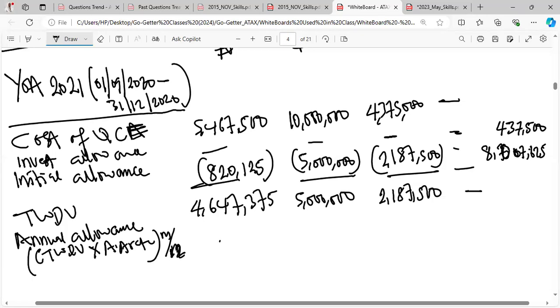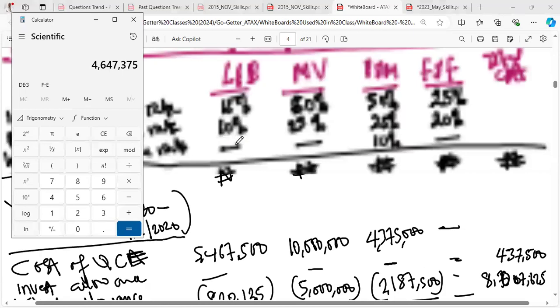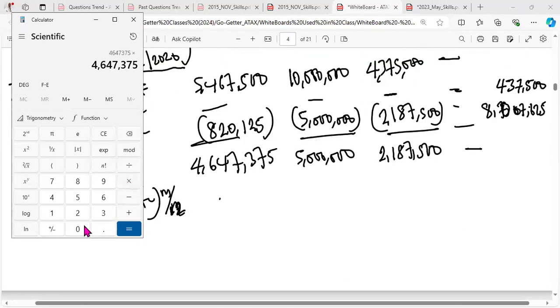So let's calculate the first one using this formula. We already have 4,647,375. Okay, that is our tax written down value. And we said that the annual allowance is 10%. I will say multiplied by 0.1. So this is the normal annual allowance for the year, right?